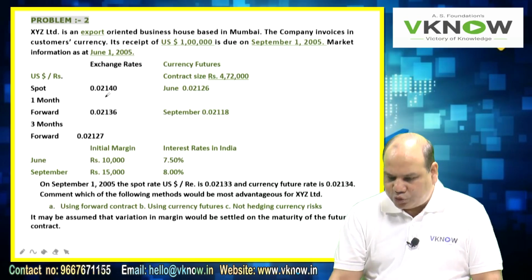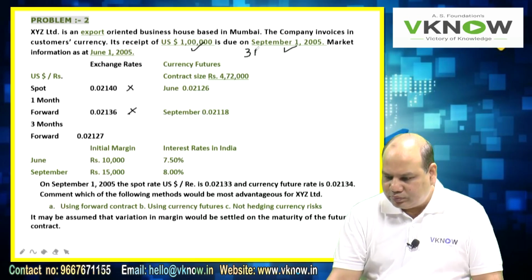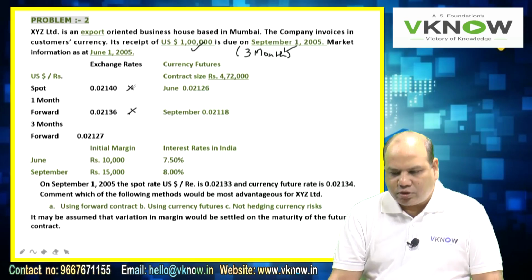Spot will be of no use to us, because the transaction will be settled on 1st September. Then 1 month forward is also of no use to us, because it's a 3-month problem. So these two information are given just to test whether you understand it or not.